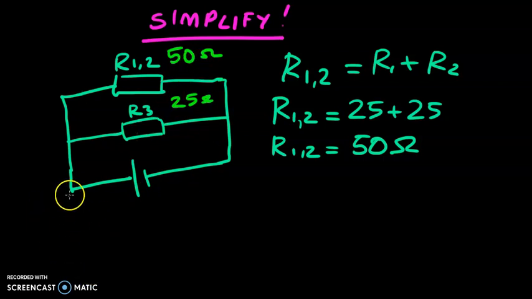So let us look at this. RT is equal to, now what I'm going to use here is a slightly easier format for solving a parallel circuit, where instead of using 1 over RT, 1 over R1, I'm going to use RT to the power of minus 1, R1 to the power of minus 1, etc. It's called the reciprocal, and it can be found on your calculator by looking for the x to the power of minus 1 button.